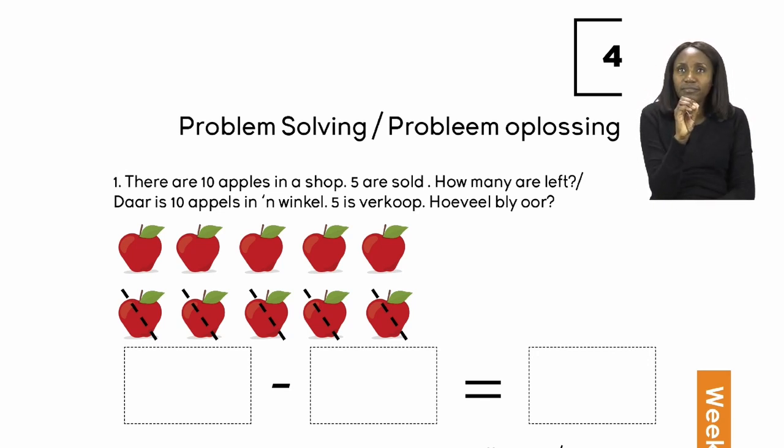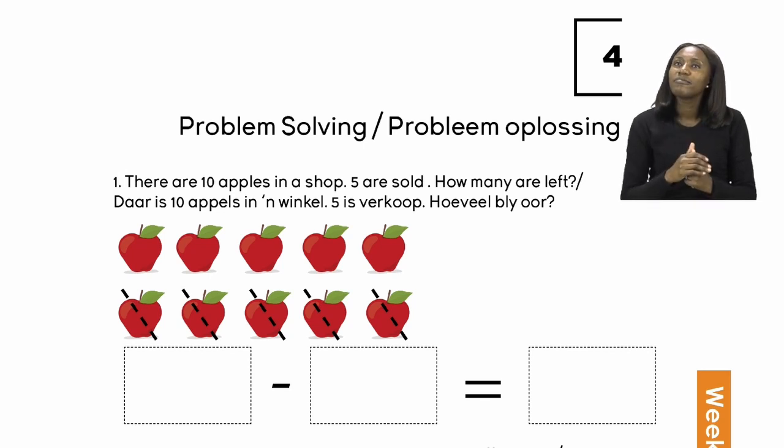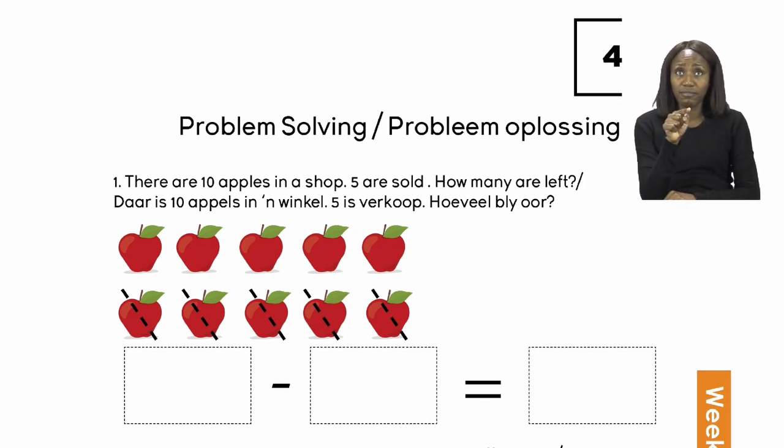And then it says 5 of them were sold, which means 5 of them were taken by other people. So if you look at the apples that are at the bottom, they have a line across them. I want you to take your pencil and you are also going to cross out those apples on the dotted line.